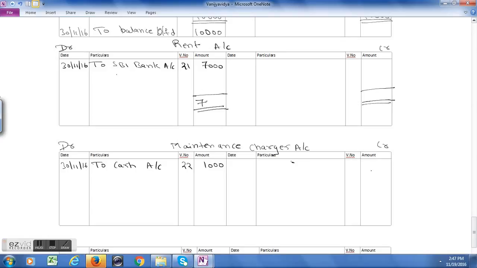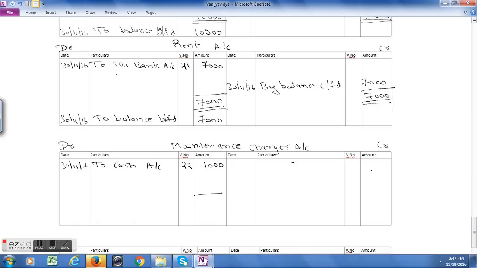We'll write the total 7,000, and then on 30th 11 by balance carry forward 7,000, to balance brought forward on debit side 7,000.